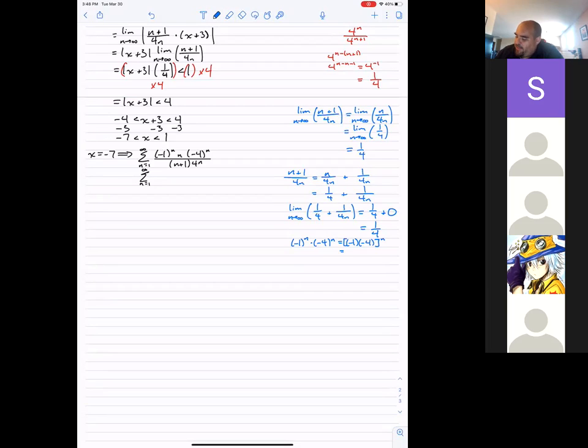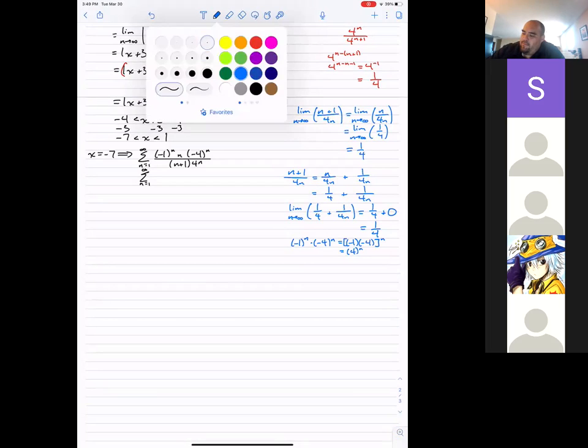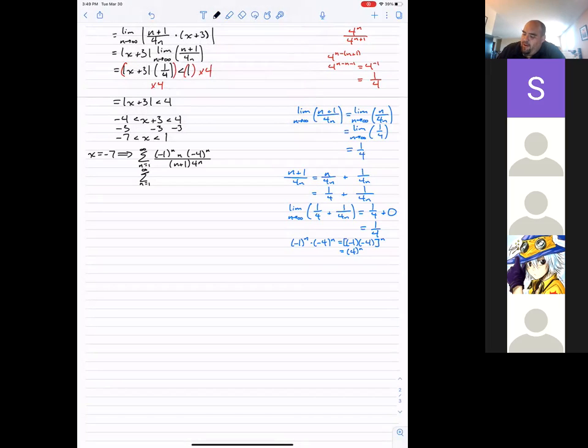Which, if I simplify that, just comes out to be 4 to the n. So now, going with that, I have 4 to the n times n over 4 to the n times n plus 1. And from there, I get the series n over n plus 1. Does this thing right here converge or diverge?